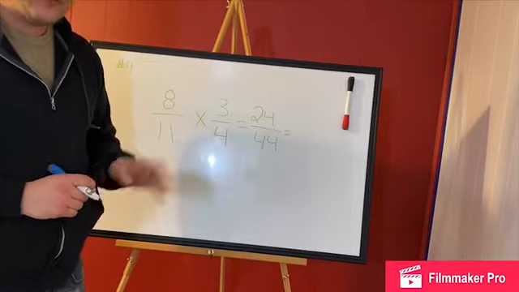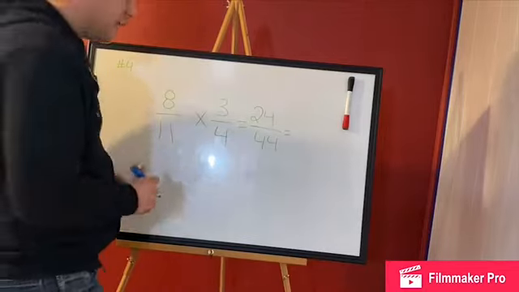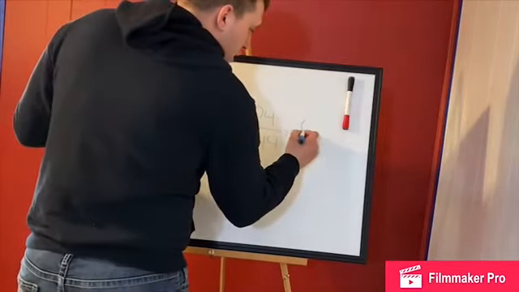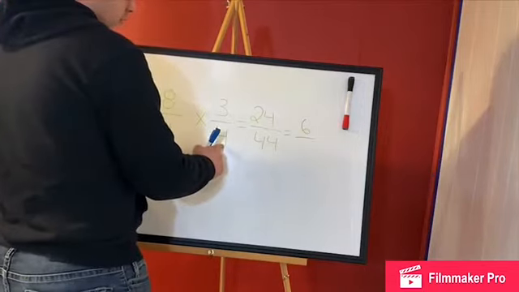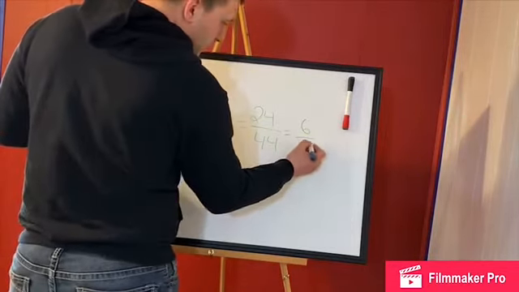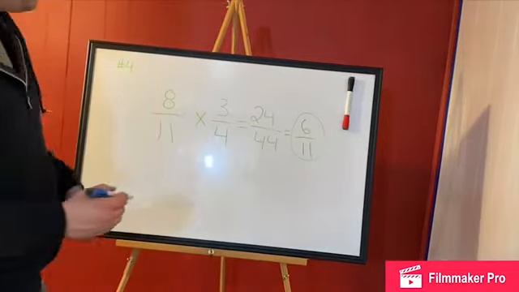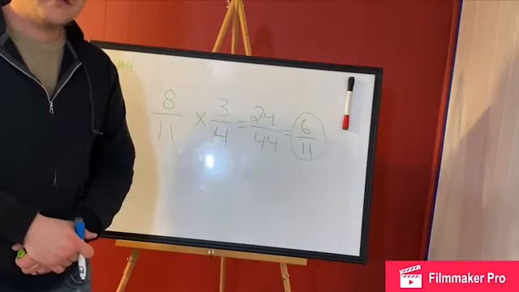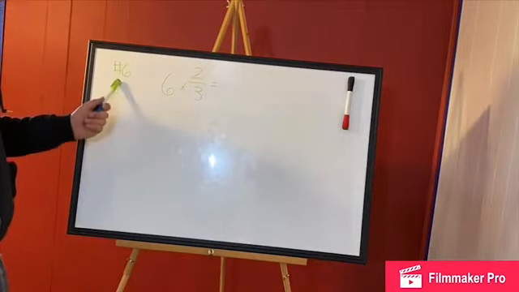How about the number 4? 24 divided by 4 gives us 6 over 44 divided by 4, 11. So our answer would be 6/11.